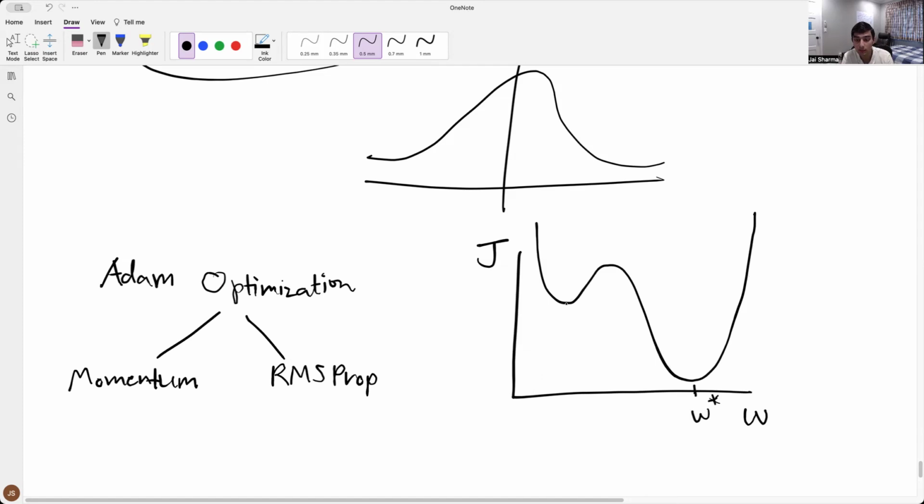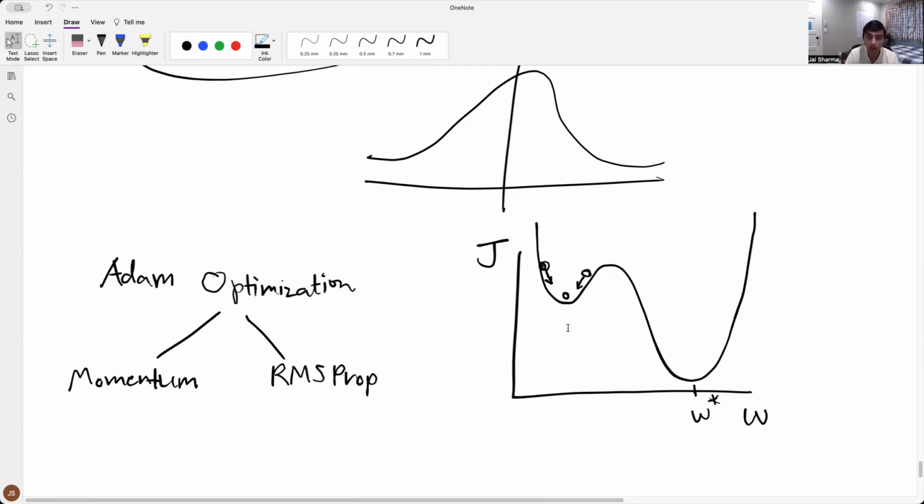So this is smaller in value and cost compared to anything that's locally around it, right? And that means that if we are over here, then we will want to go in this direction. And if we're over here, then we'll want to go in this direction. And we'll essentially settle down over here.